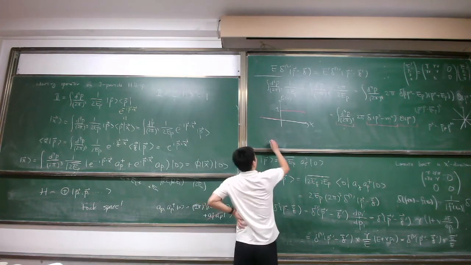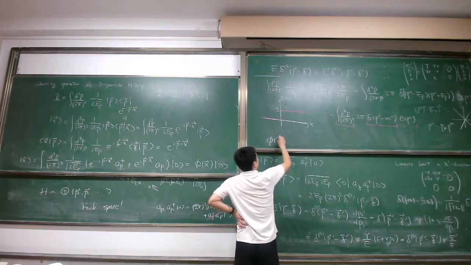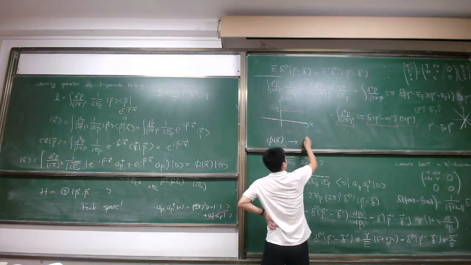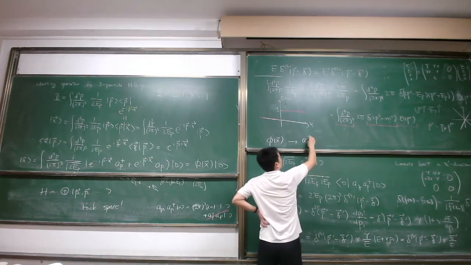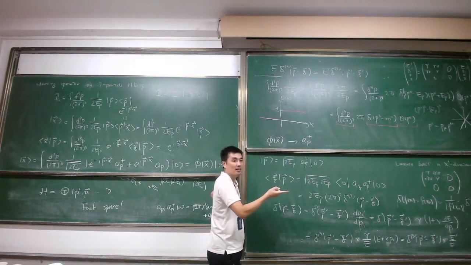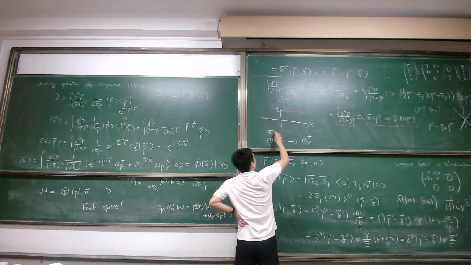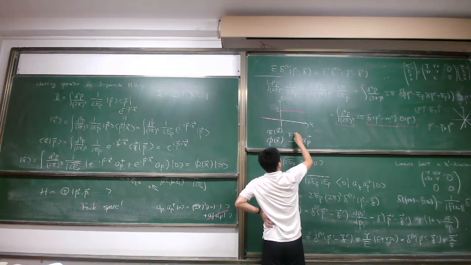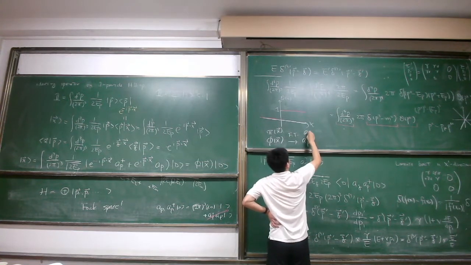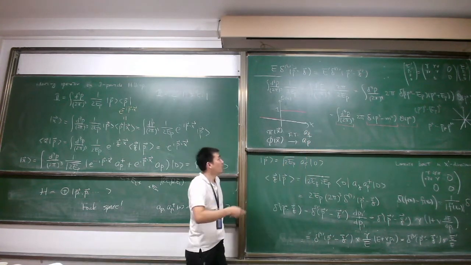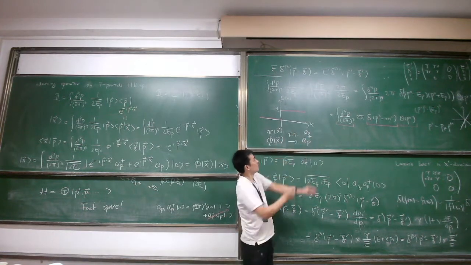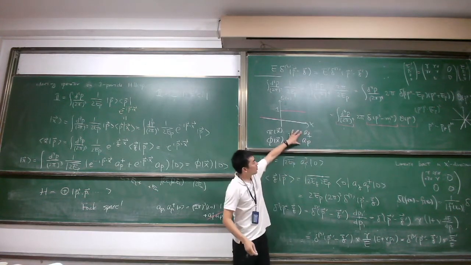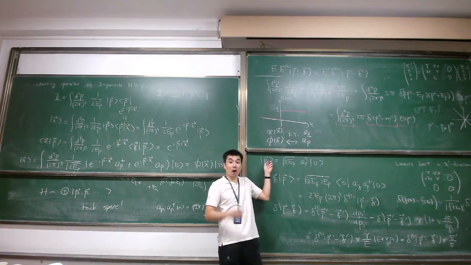So phi of x is an operator, and if you do the Fourier transformation, you get the AP and the AP dagger. From here, you can create the one particle state in momentum space.